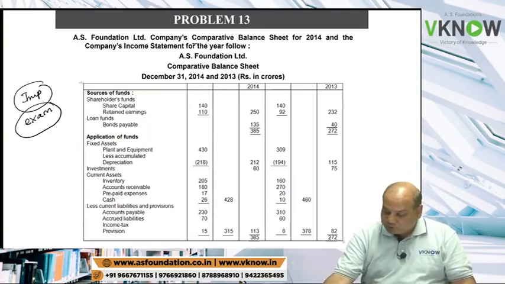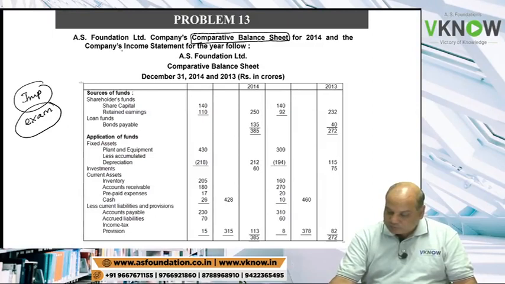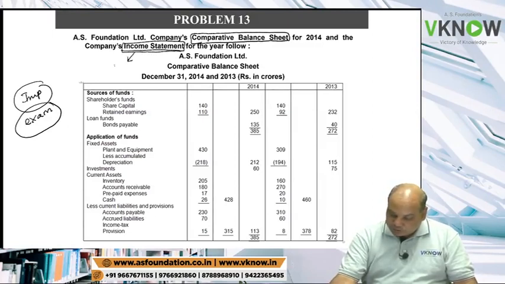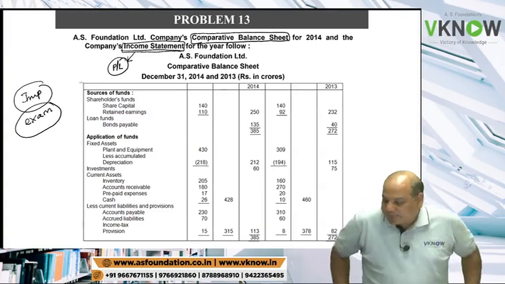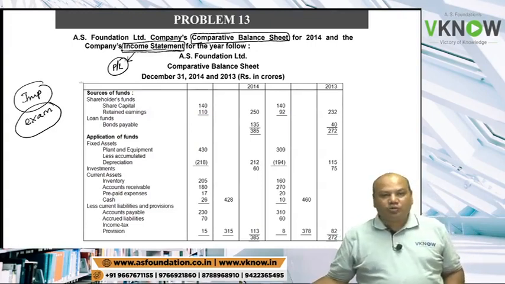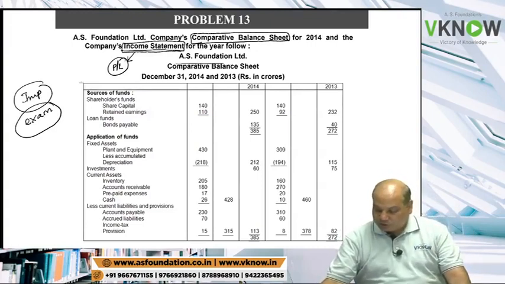So, this time in this question, you are given a balance sheet and an income statement also. Income statement means P&L account is also given. So this is the first question where you have a P&L account also. Comparative balance sheet, 31st December 14 and 13.